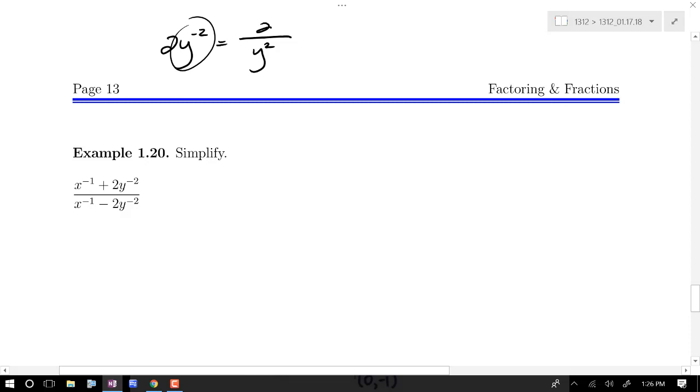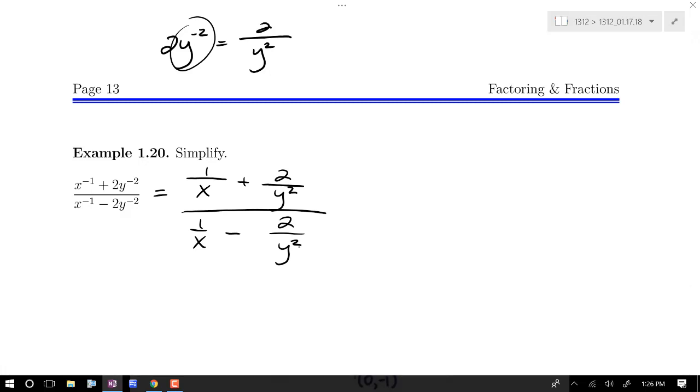So the first step here is in recognizing that we do in fact have fractions within fractions, and I'm going to begin by just rewriting the fraction to make that explicit. So let's try that other technique.